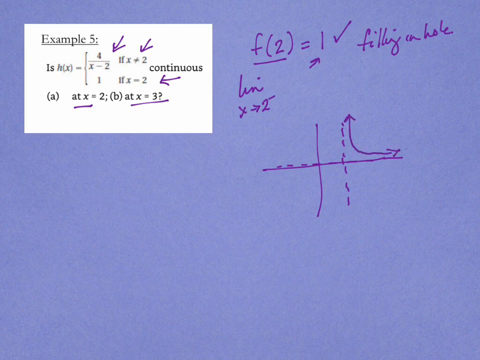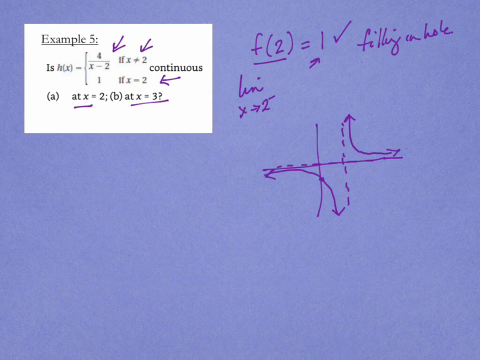Let's put in like negative 1. It would be 4 over negative 3, so it would be negative down here. That's a rough sketch. At 0, if you put in 0, it'd be negative 2, so that's where your 0 is. Okay, so that's what your graph looks like. Sometimes you have to sketch it out to see.